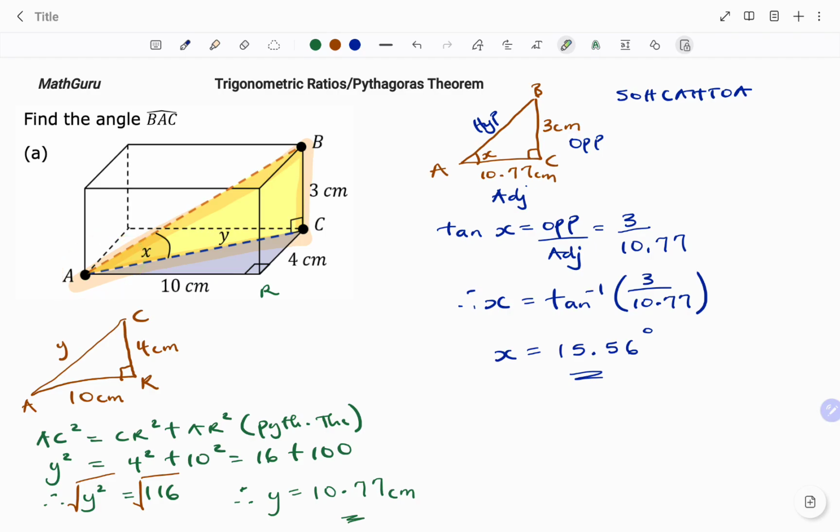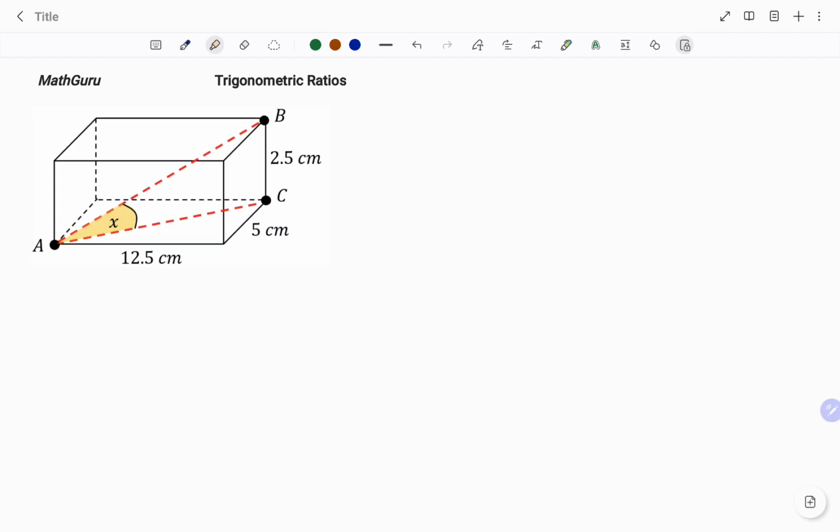Let's look at the second example. In the second example, I have this similar cuboid, and to find the angle BAC or X as shown, I'm going to start with the right angle triangle AC. I'm going to type that again, R, such that if I draw that out, note that all the corners of a cuboid are at right angle.